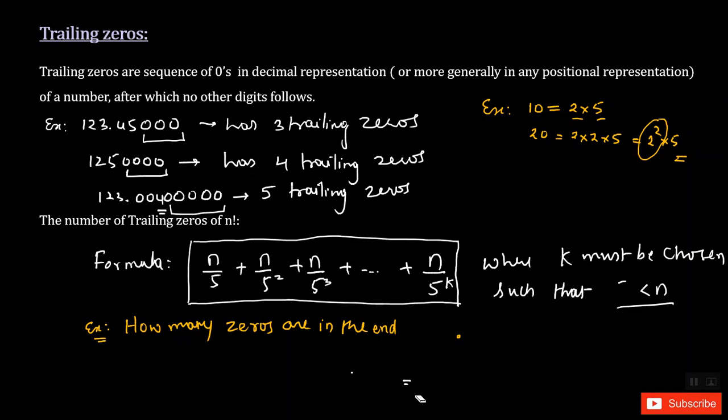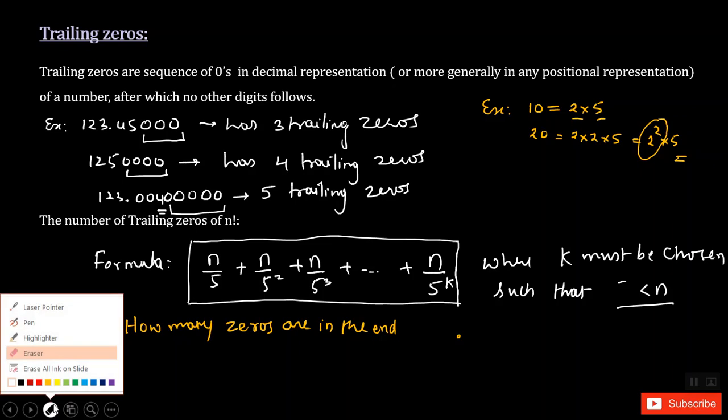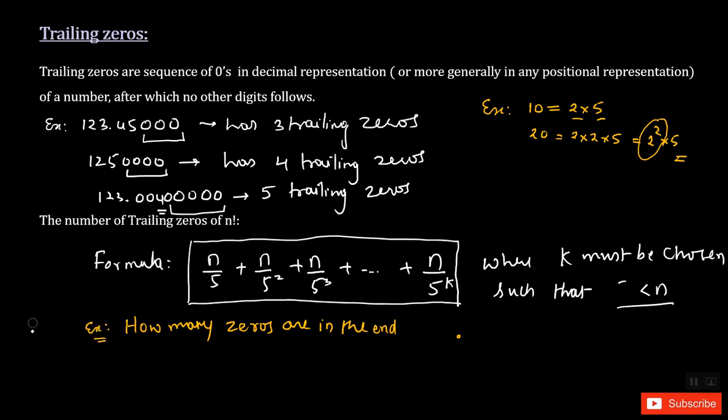All right, perfect. Okay, great. So now the question is, how many zeros are there in the end of, let's take the example 63 factorial?